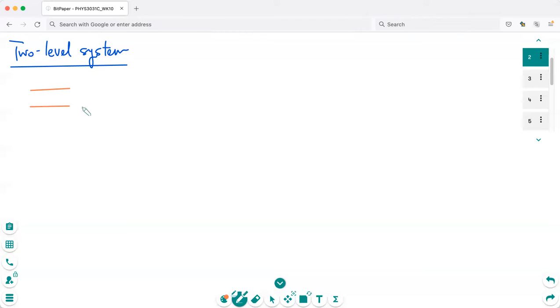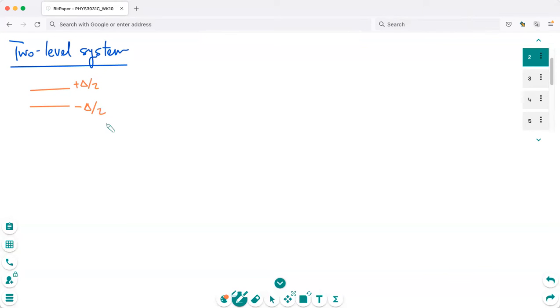So some people call it 0 and epsilon. This is one way to do it. Or you can also call it minus delta, plus delta. This is more symmetric. Or if you want to focus more on the energy spacing, the difference between the two, then the other variation is this.